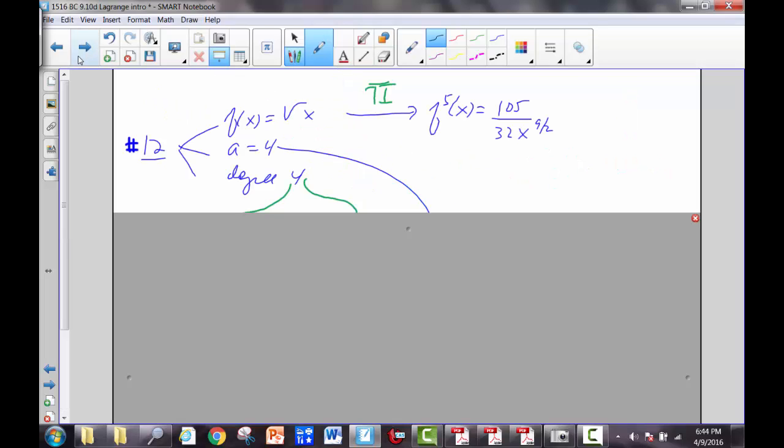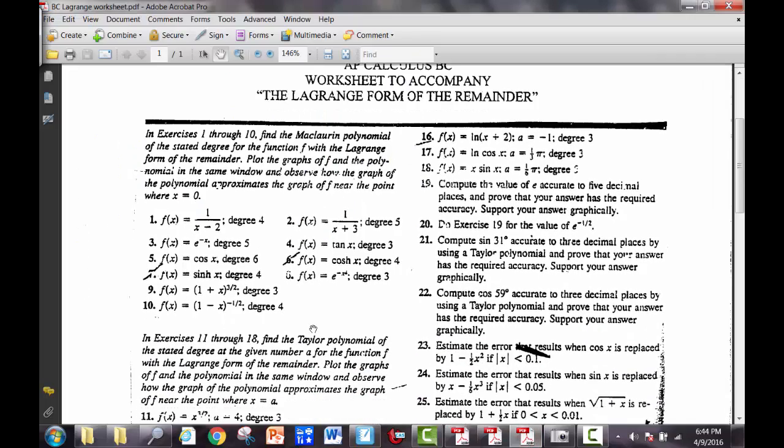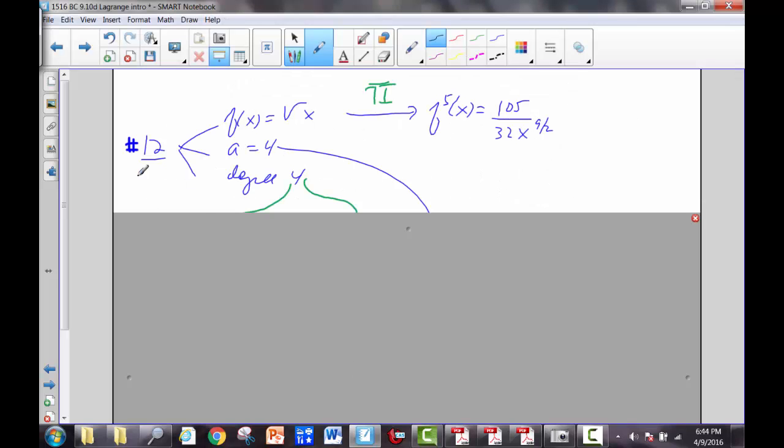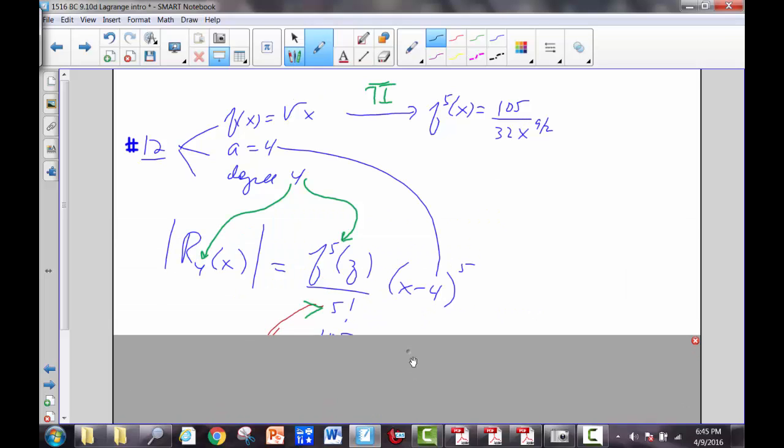Okay. Number 12 from the same worksheet. Number 12 is a Taylor polynomial. Find the Taylor polynomial with the Lagrange form of the remainder. We're looking at f of x equals root x, near 4, and it's degree 4. On the TI, just find the 5th derivative, so we're ready to go.